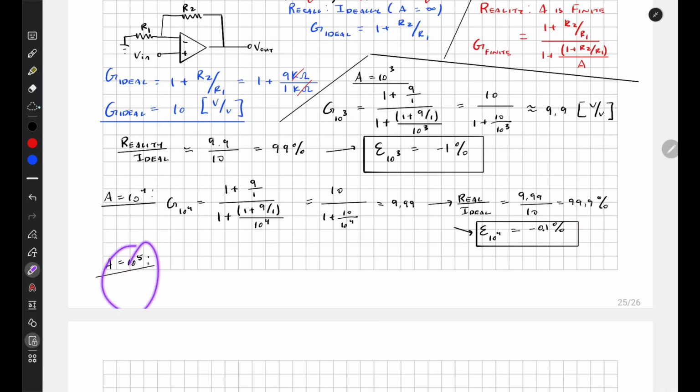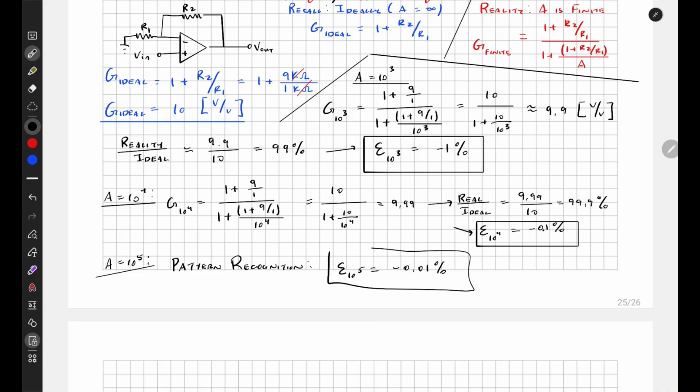So you can infer that if A is 10 to the fifth, through pattern recognition, the 10 to the fifth case should be negative 0.01% deviation. I'm doing this because I don't want to solve it again. So these are our final answers for the problem.